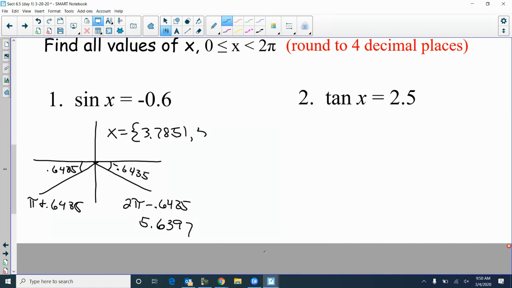And then my other answer is 5.6397. Okay, 5.6397, because it asks in radians. And it's just like I said, you're not quite as familiar with radians, but that's what you get.